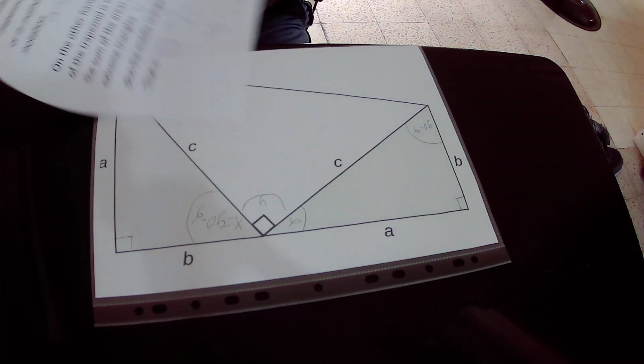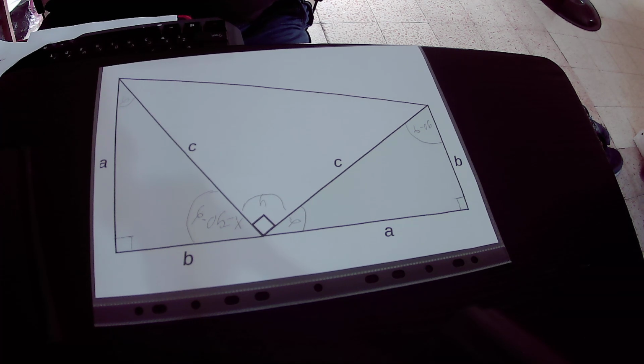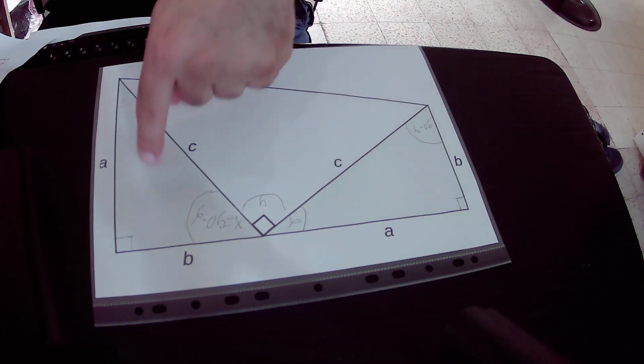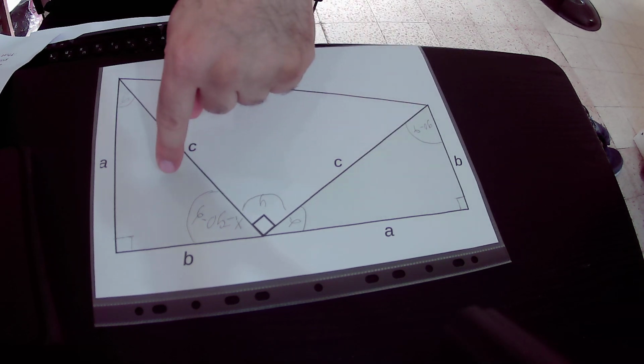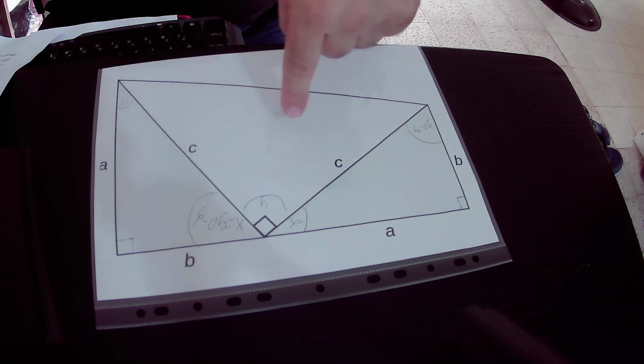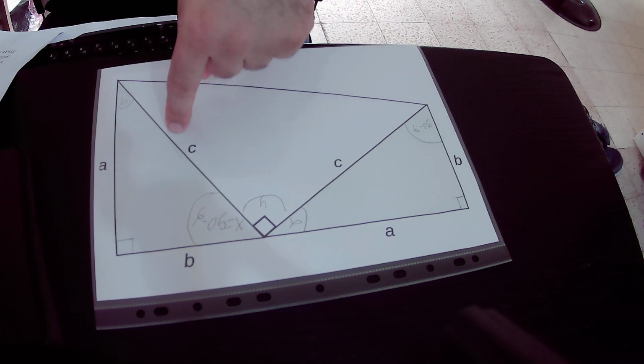On the other hand, the area of the trapezoid is equal to the sum of 3 triangles. The area of this triangle is A times B divided by 2, and so is the area of this triangle, and the area of the middle triangle is C times C divided by 2.